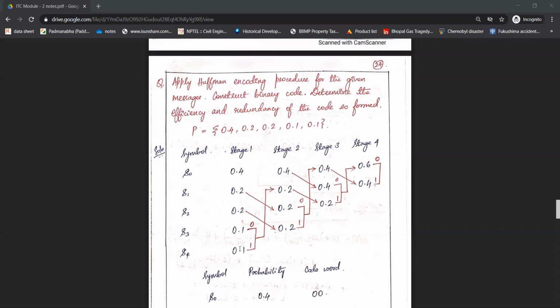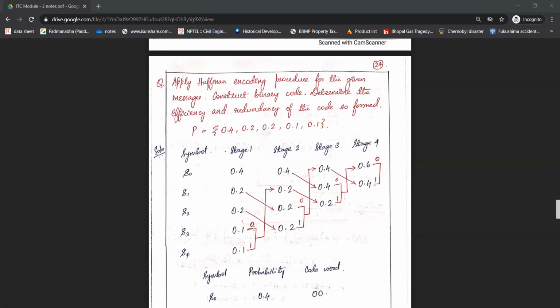After writing the probability values in decreasing order, we will first identify the two least values in this list. The two least values are 0.1 and 0.1, right? So we will assign a value 0 and 1 for the two least values.